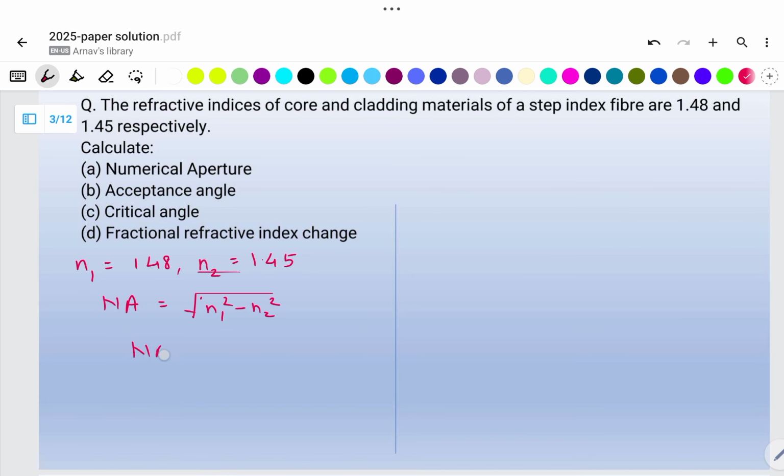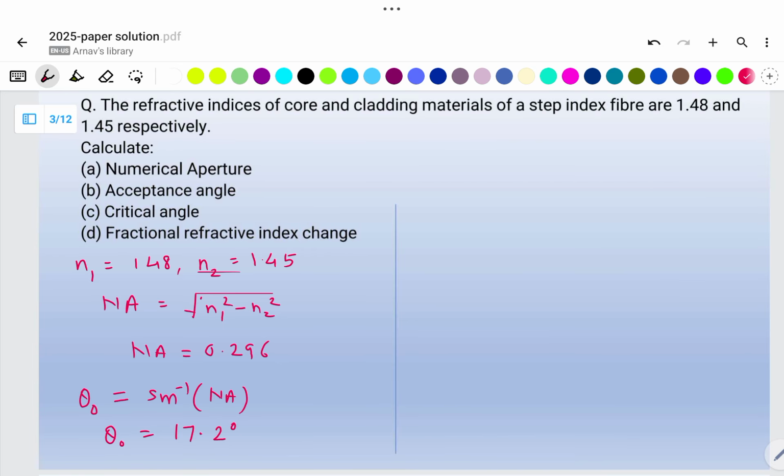When we substitute, the numerical aperture comes out to be 0.296. The acceptance angle formula we know is theta 0 equals sine inverse of the numerical aperture, so theta 0 will be sine inverse of 0.296, which is 17.2 degree.